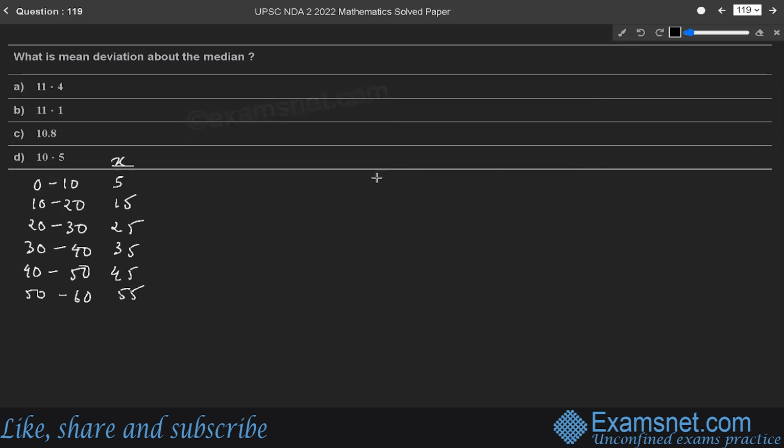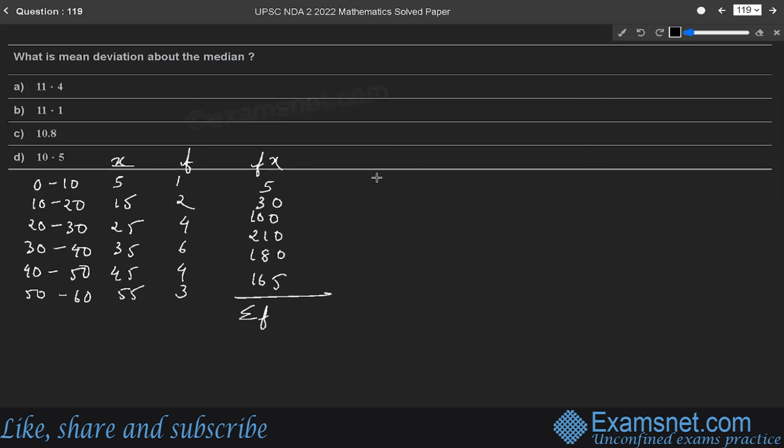This is the mid value of the class intervals. The frequencies were 1, 2, 4, 6, 4, and 3. Let us find fx. fx equals f into x, which is 5, 30, 100, 210, 180, and 165. Summation of fx will be equal to 690.